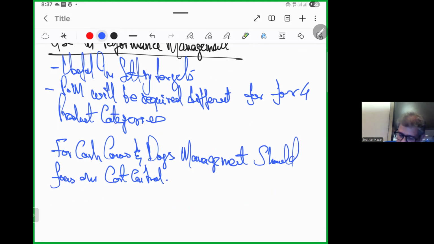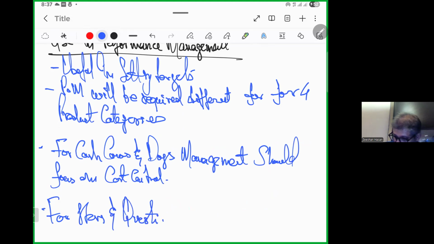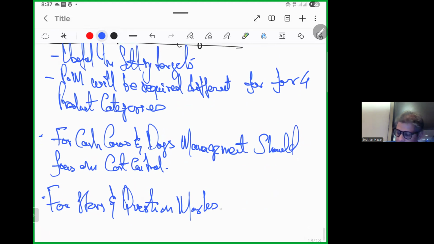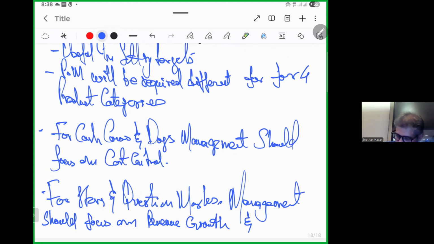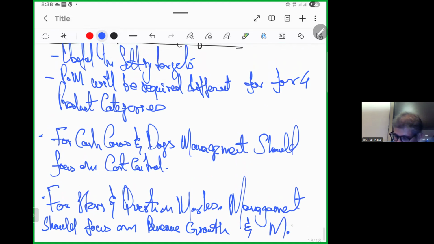For stars and question marks, management should focus on revenue growth and market share. So far, so good.